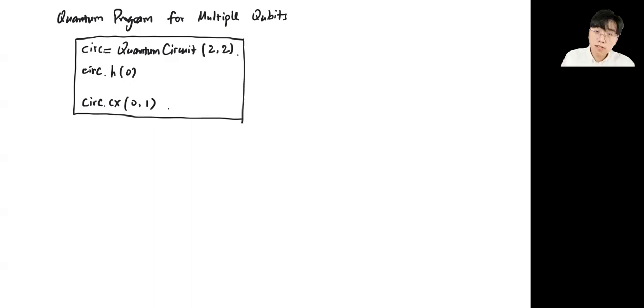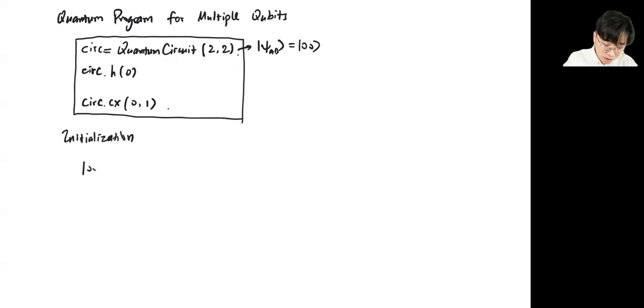In this example, again, the first line is initialization, and after this line, we have a system of two qubits in a quantum state psi AB equals 0, 0.